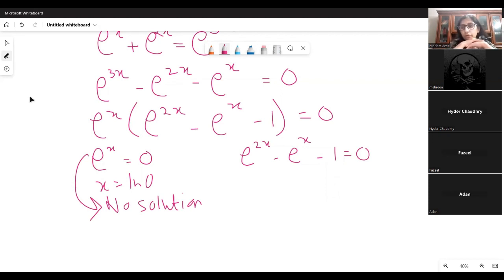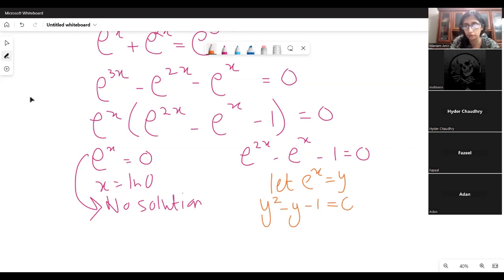What is this? How do we solve this? You have solved equations like this in AS, just there were no exponentials. If we take e^x as a variable, let e^x = y, then this becomes a hidden quadratic equation. We have studied hidden quadratic equations in AS. So you can write: let e^x = y. So you're getting y^2 - y - 1 = 0.